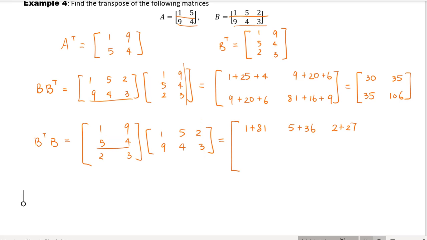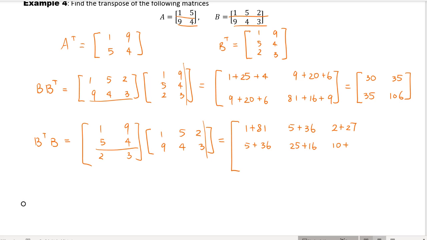And then second row times the first column, 5 times 1, 5, 4 times 9, 36. And then times the second column, 5 times 5, 25. 4 times 4 is 16. 5 times 2, 10.